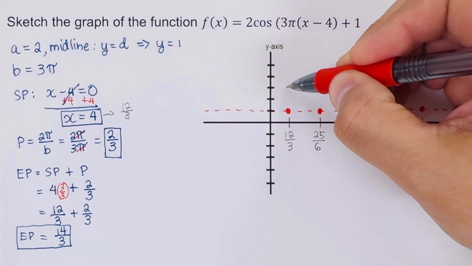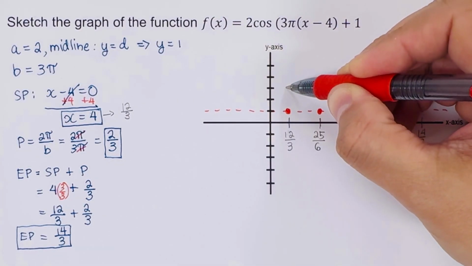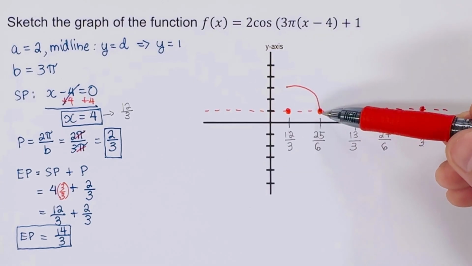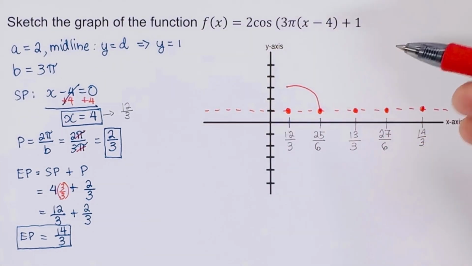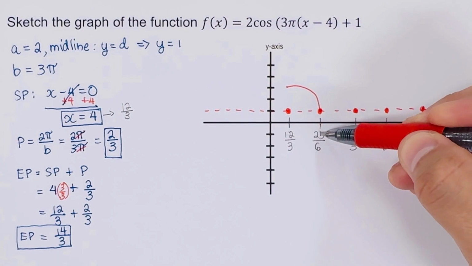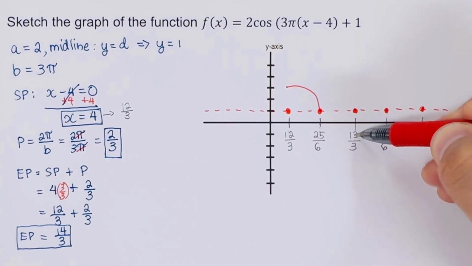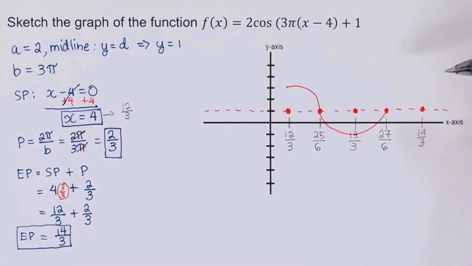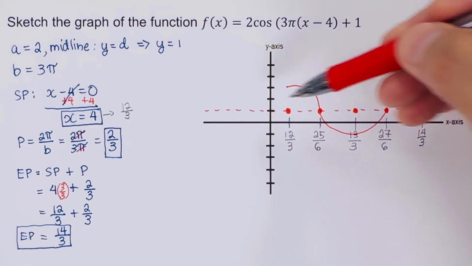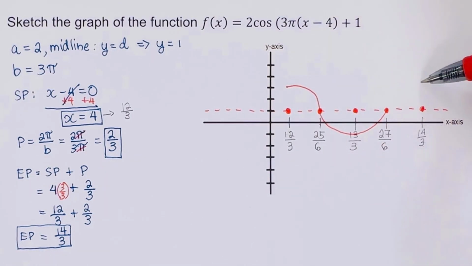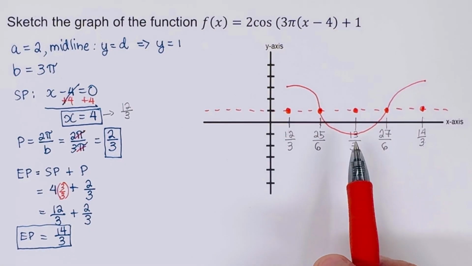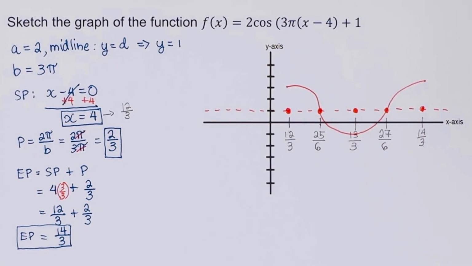We can draw the curve here. And then from here, we go down 2, because again the amplitude was 2, so that's 1, 2. This is where it's going to go. Now again it goes up 2, so that's 1, 2. So it's going to go up all the way here. This is the graph of the given function that we have up there.